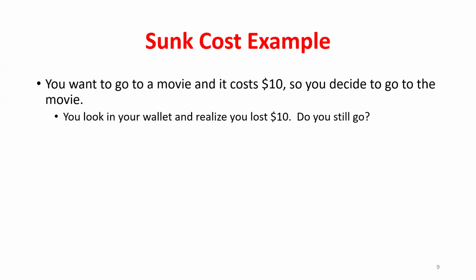So what was the change in my cost there? 10. So I have the same marginal cost. If my marginal benefit was above 10 before, is it still going to be above 10? Yes. So as long as I have enough money, I'm still going to choose to go to this movie. The idea that I lost that $10 doesn't matter whether I go to the movie or not. That $10 is gone.